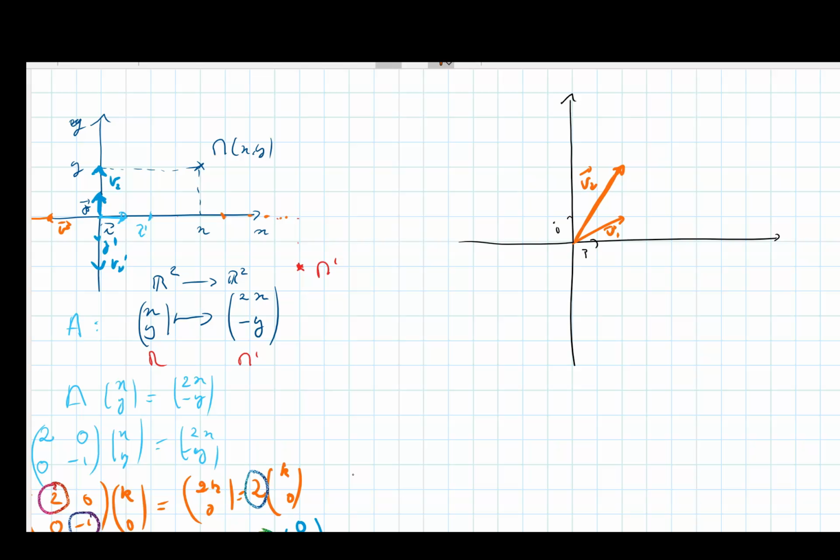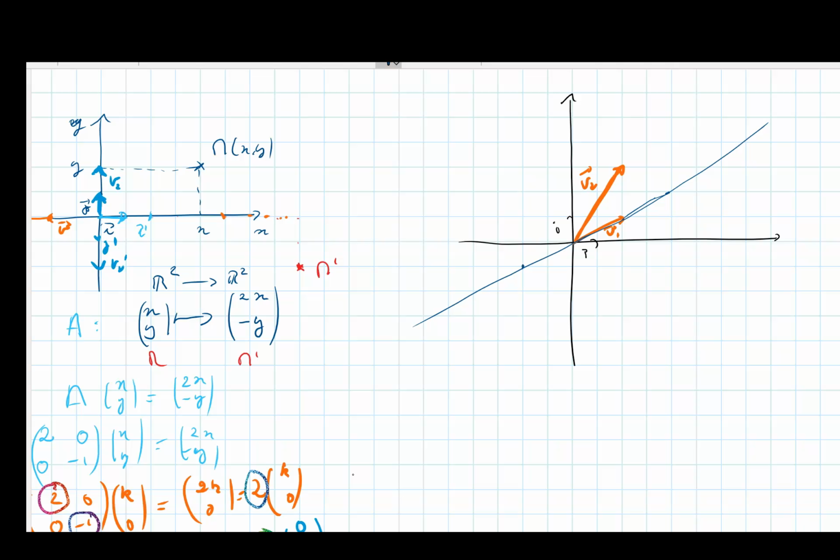So I want my transformation, my mapping, to take this one, well, it's going to take it here. And anything collinear to that vector, so anything on that line, should be sent to 2 times itself.